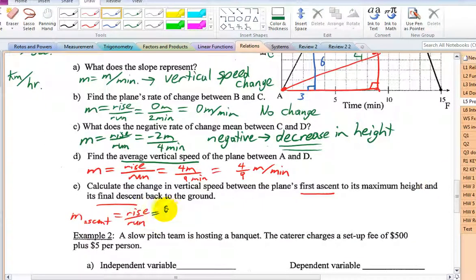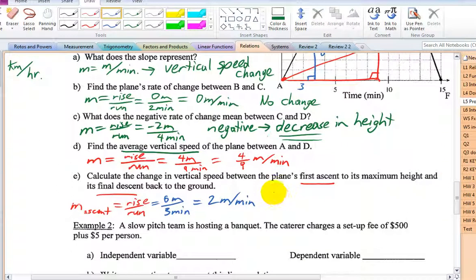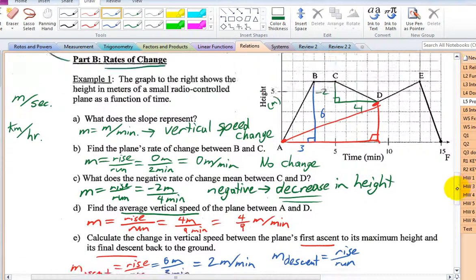So we should have 6 meters over 3 minutes, which equals 2 meters per minute. That's for ascending right at the beginning. Now for the descent, when it lands at the end, let's find the rate of change. M for the descent. Go ahead, find that, rise over run, make your triangles.